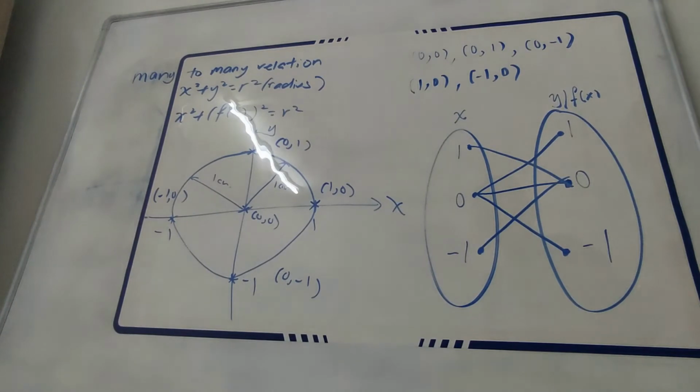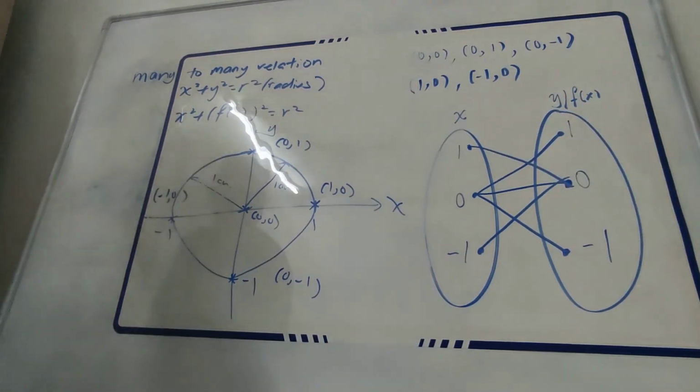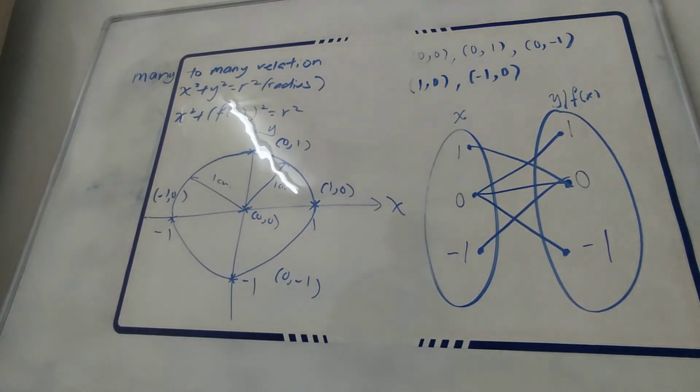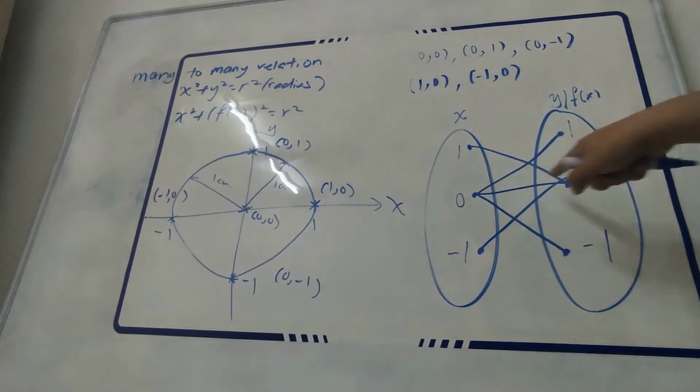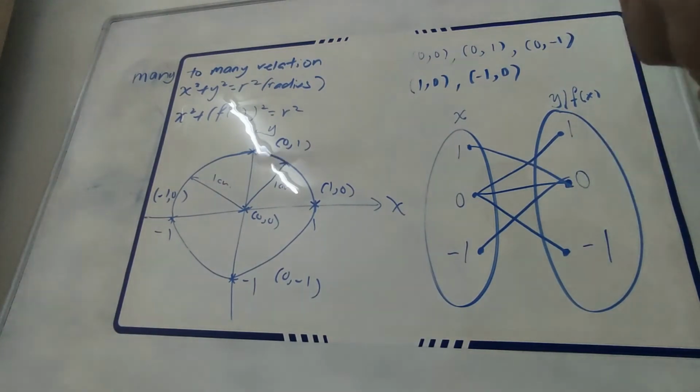But then you can see 1 to many, many to 1. So this is how we're going to draw the so-called many to many relation. That means 0 you have 3 here, the 0 here you also have 3. So this is it.